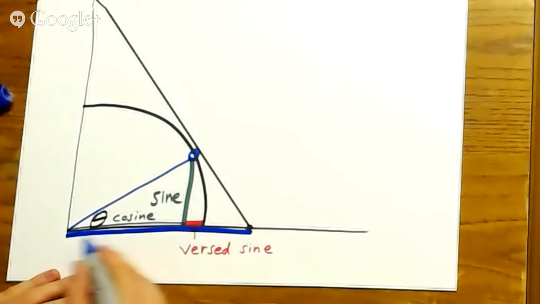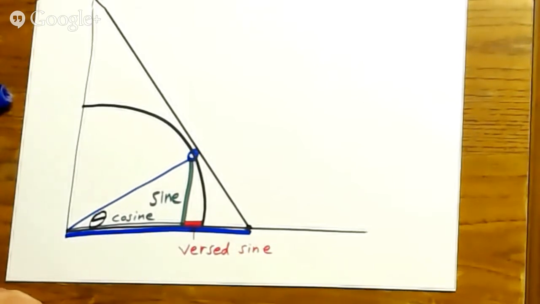This blue length. Does anybody know what this blue length is called? Is that the secant? That's the secant, right.